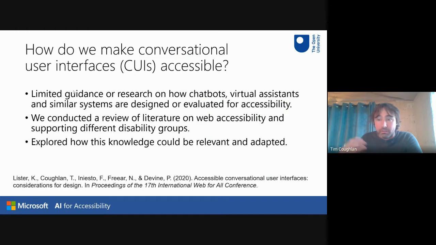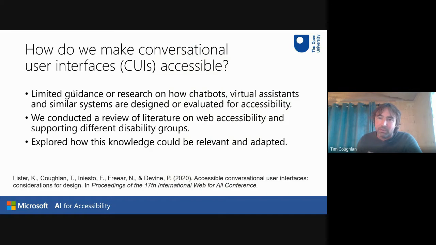But our goal was to specifically support disabled students, so the accessibility of this was absolutely key. But what we found was that there wasn't very much guidance or research on chatbots or conversational user interfaces in general about their accessibility. There are people suggesting that they can be very positive for disabled people.